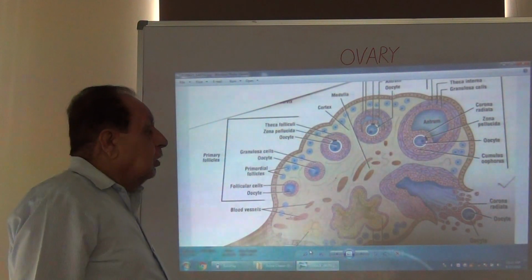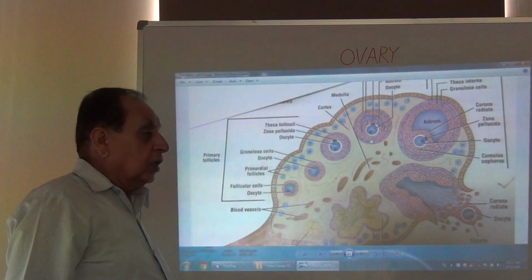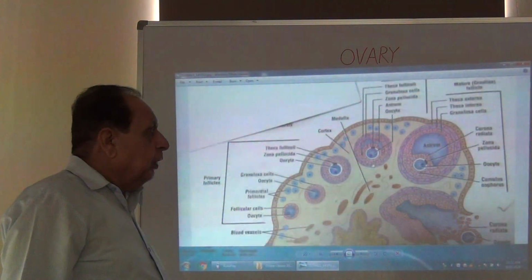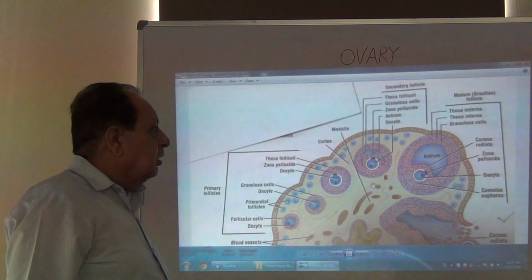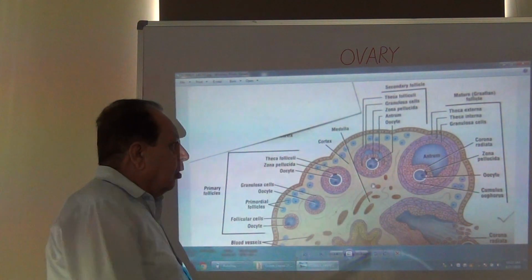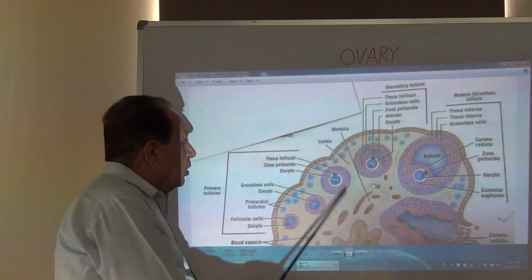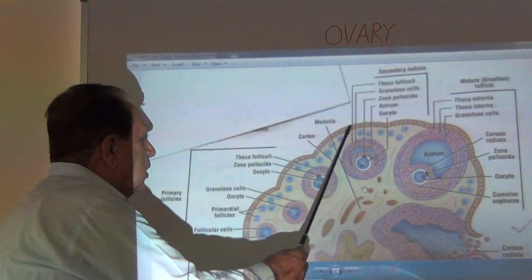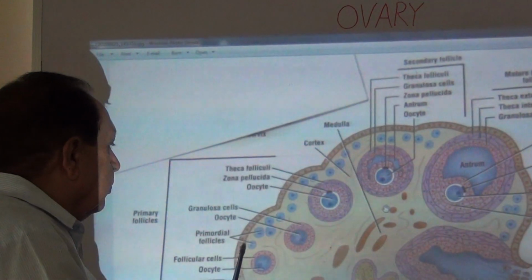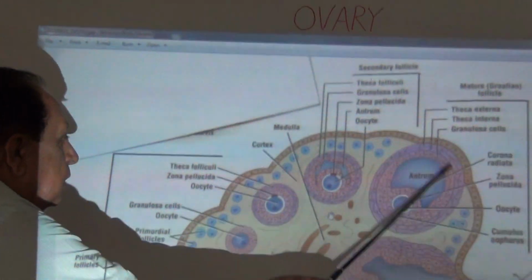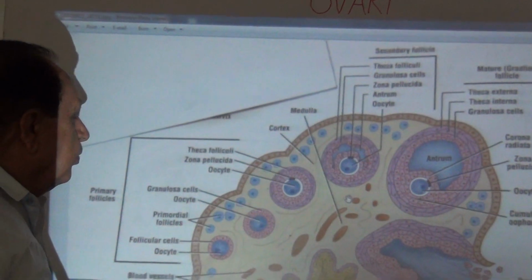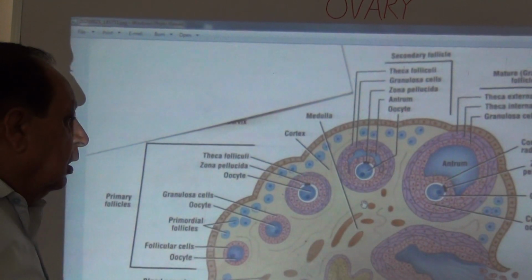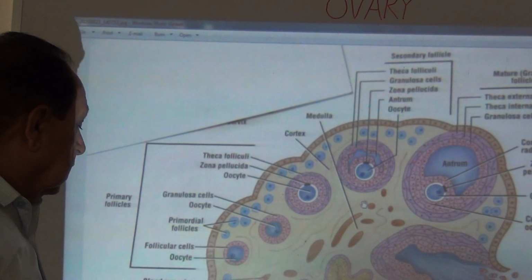Now the structure of the ovary. Now the ovary consists, from outer to inner, of the outer surface that consists of the germinal epithelium. This one is the germinal epithelium lined by cuboidal cells.